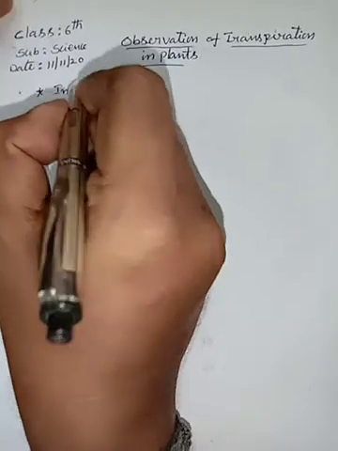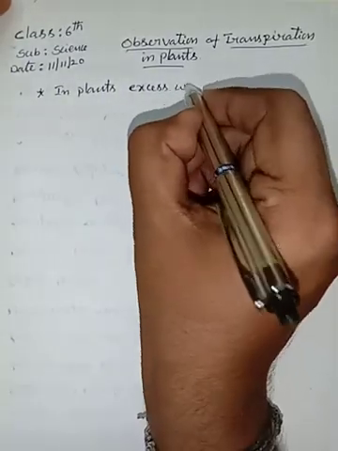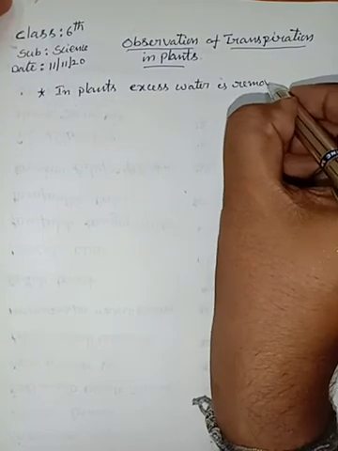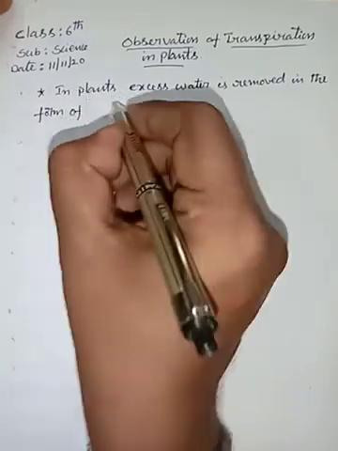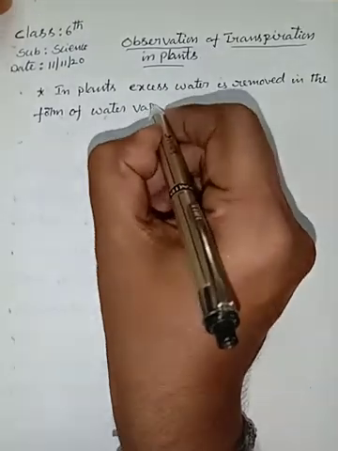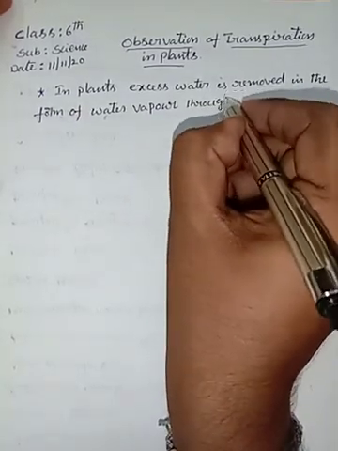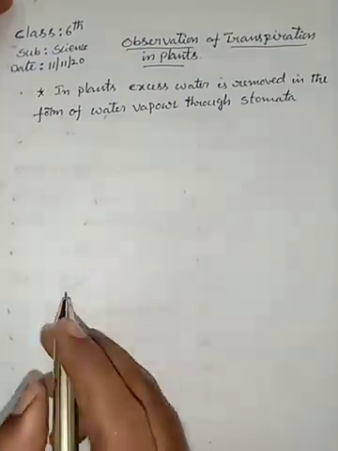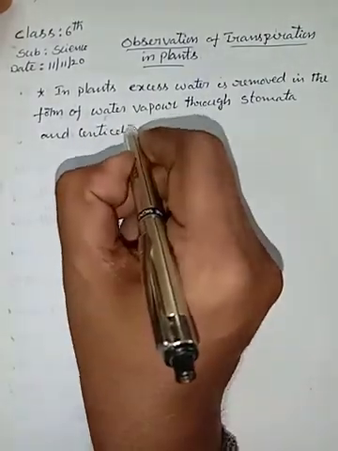In plants, excess water is removed in the form of water vapor through stomata and lenticels.